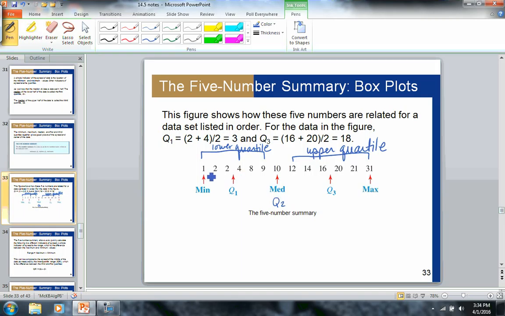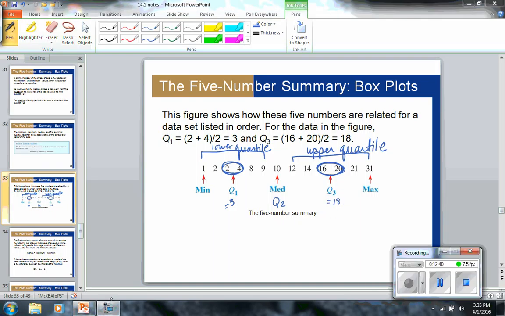So then if you're trying to find the median of that lower quartile, we would take our 2 middle numbers here, add them up, divide by 2, and it would actually be 3 for our first quartile value. So that's the median of the lower quartile. And then if we take our middle numbers here, we can add them up and divide by 2, and we'll get 18. So that would be the median, or I'm sorry, the third quartile. So that's the median of the upper quartile.